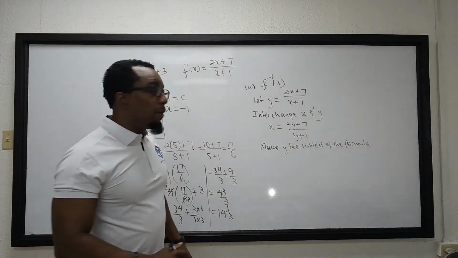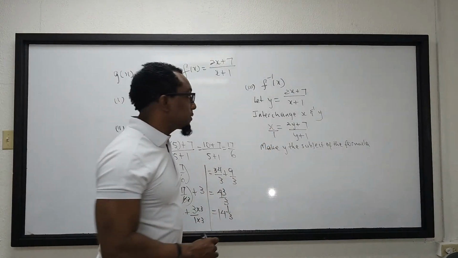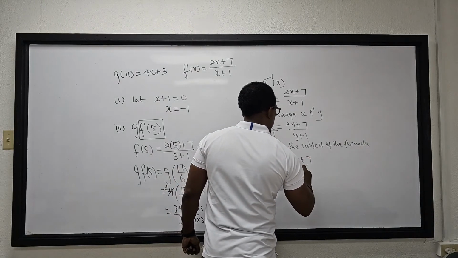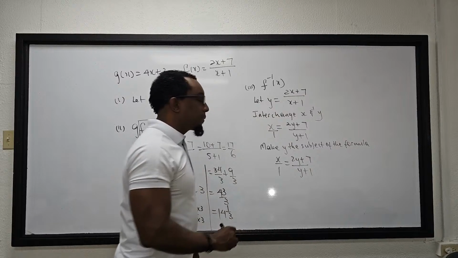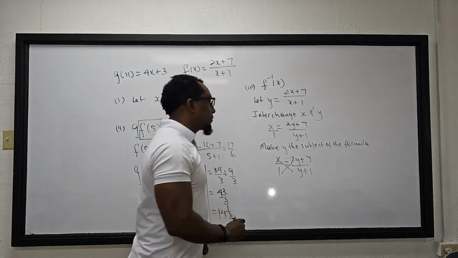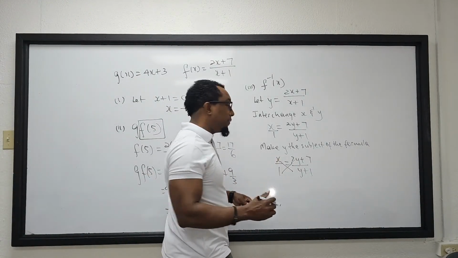So I'm going to put x over 1. And of course, I'm going to cross multiply, right? This as x over 1. So I'm going to cross multiply to remove it from the fraction form. So this is 1 by 2y plus 7. And again, it doesn't matter if it's on the left or right.